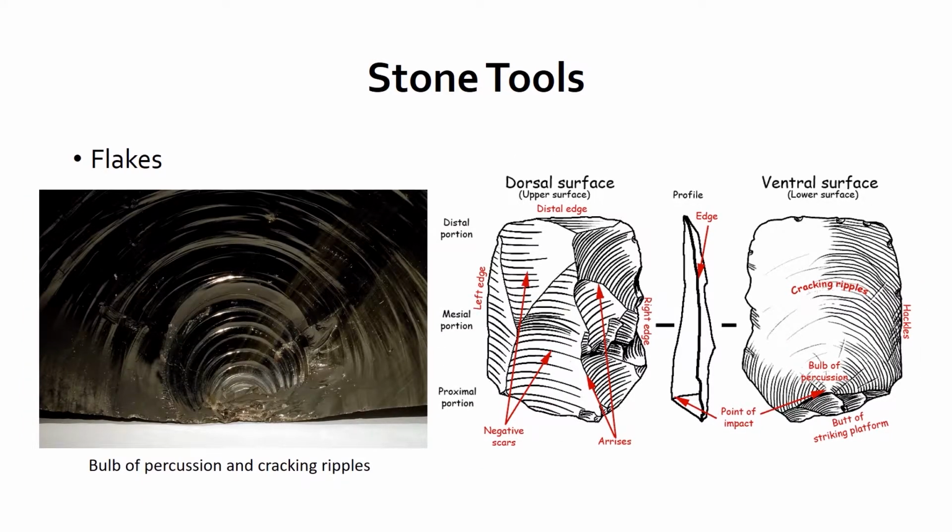In the example on the left, the photo, you can easily see where a stone hit the bottom of that rock and then sent a ripple through the stone. This is where it's predicting the waves of the ripple to pop off the flake. A lot of times you can see that pretty easily in obsidian, which is the dark black volcanic rock, but you can find it in other materials as well.